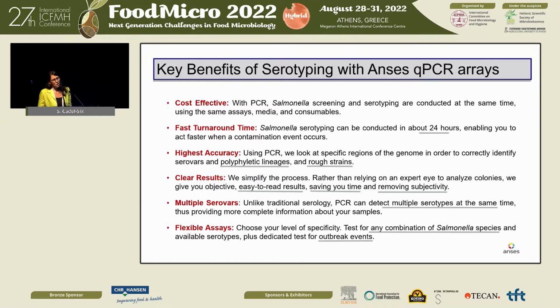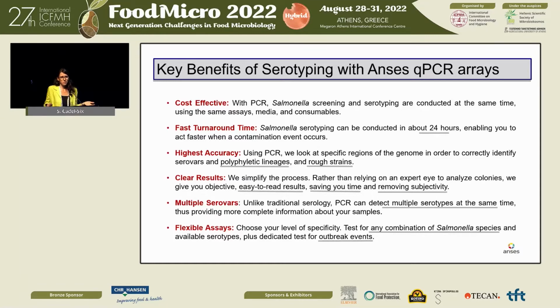So the benefits of the PCR molecular serotyping method are several, are a lot. It is really cheap. It is a PCR reaction. It is fast. As you can see, you can check a lot of samples in the time of one amplification. And we are able to identify polyphyletic serotypes and also rough strains. It means strains that are not agglutinable and not identified with conventional serotyping methods.